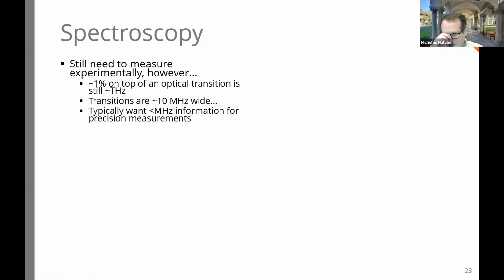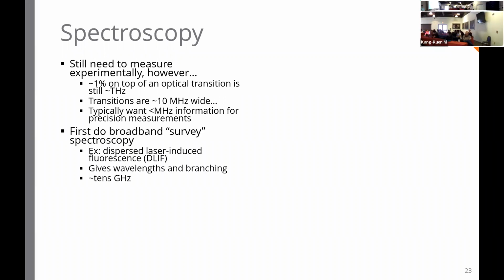So you still have to go and measure these things because you want to not just know where the levels are, but find them so you can shoot a laser at them and actually address them in the lab. But you typically want sub-megahertz information to do precision measurements or microwave addressing and things like that. So you have to do spectroscopy.